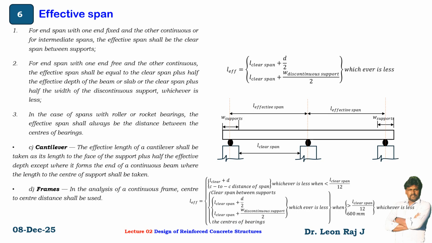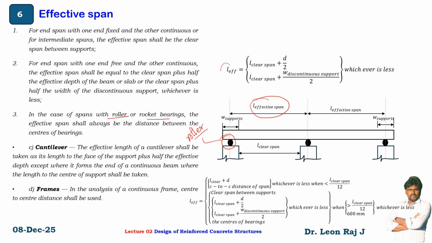Here you can see point 3 with the roller or rocker bearings. This is the roller, so the center to center distance is the effective span.